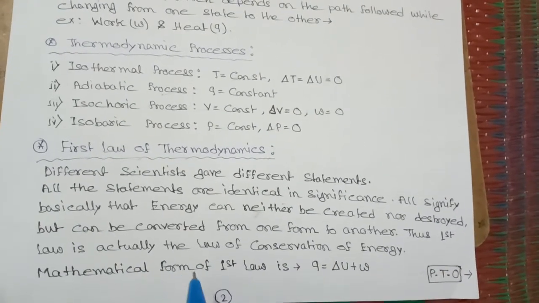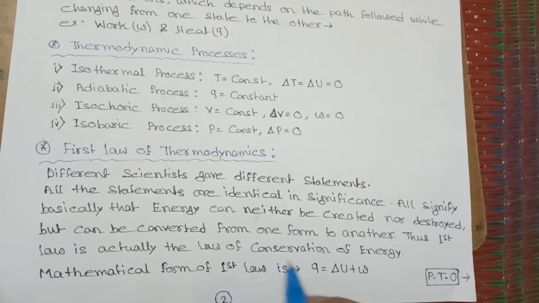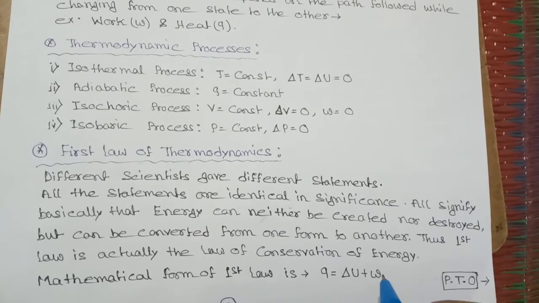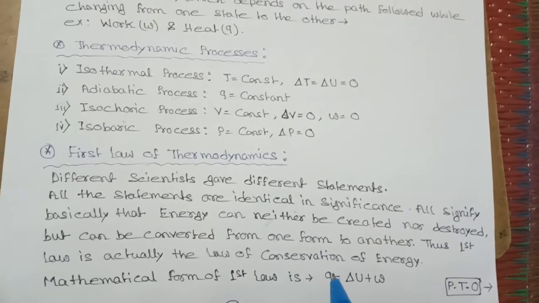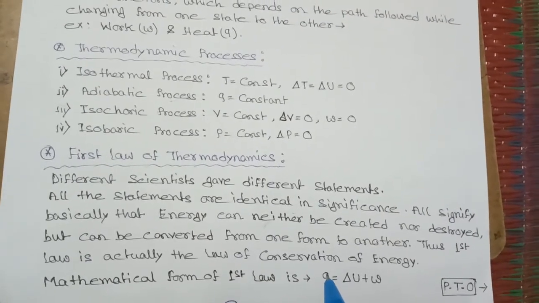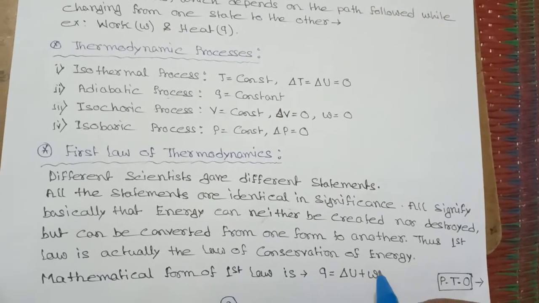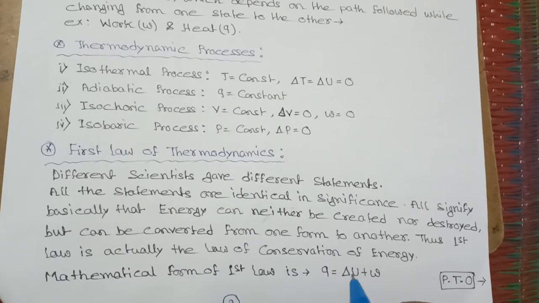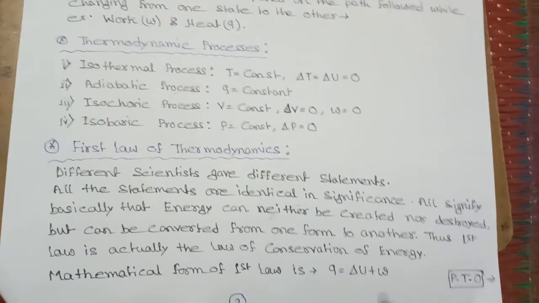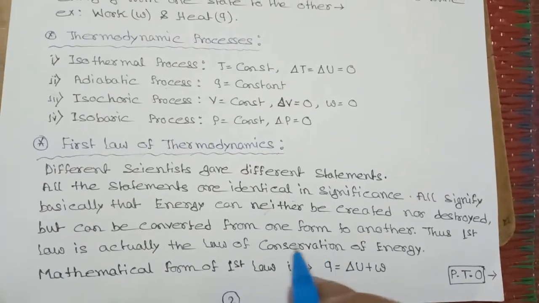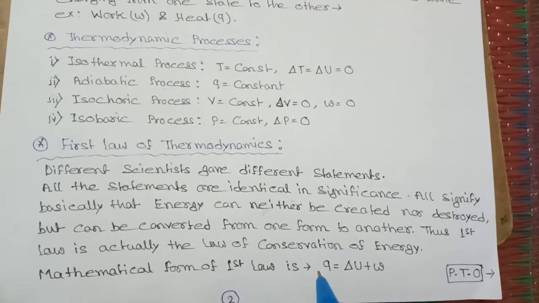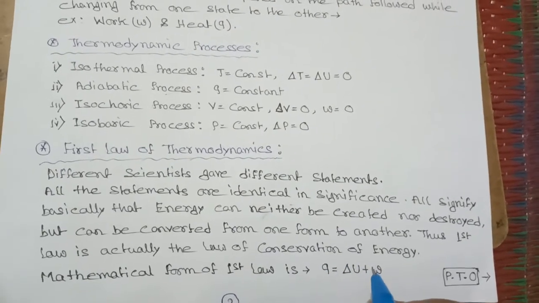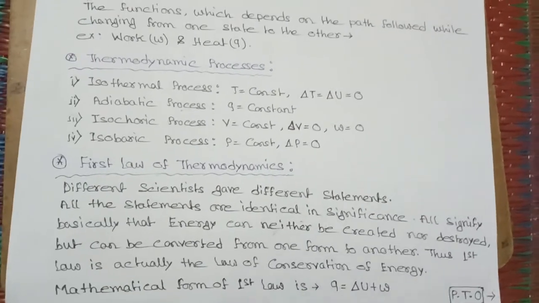And mathematically, we can write the first law as Q is equal to del U plus W. Here, Q is heat absorbed by the system, W is work done by the system, and del U is change in internal energy. We can also write the differential form of the first law.